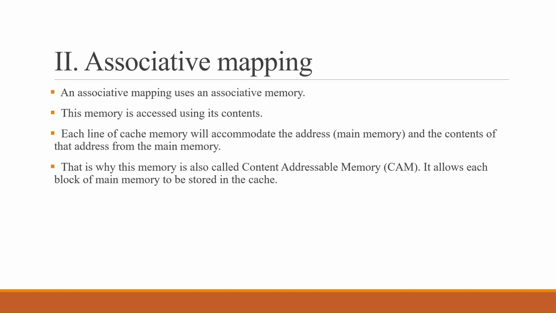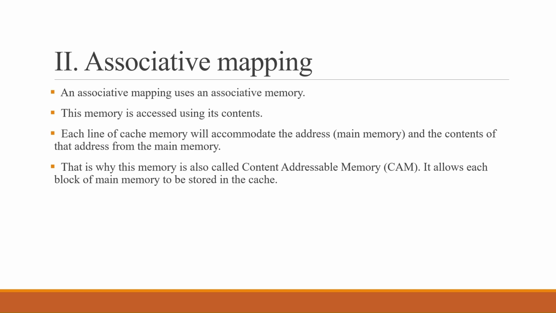So associative mapping is a more flexible mapping technique that allows any block of main memory to be mapped to any block in the cache memory. In other words, each block in the cache memory can store any block from the main memory, and the mapping is determined dynamically based on the cache usage. To implement associative mapping, a special hardware called content addressable memory (CAM) is used, which can search the entire cache memory simultaneously to find the requested data.